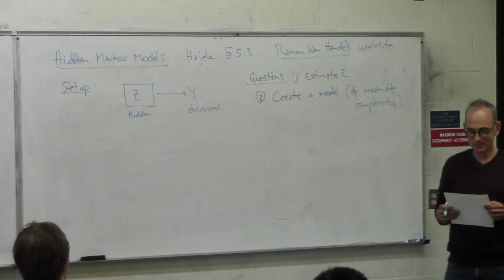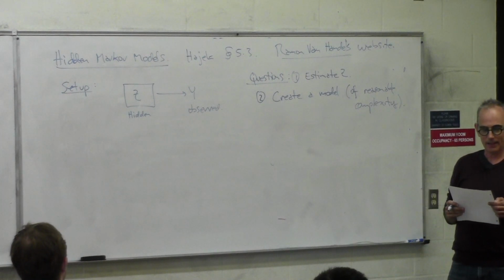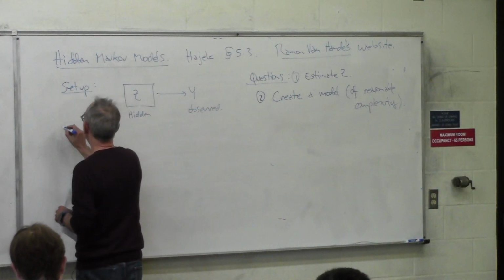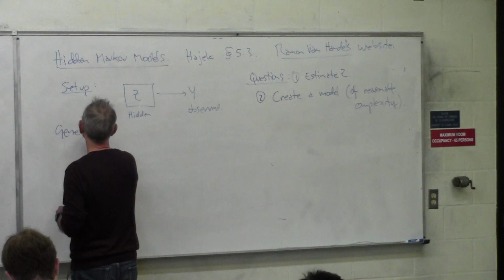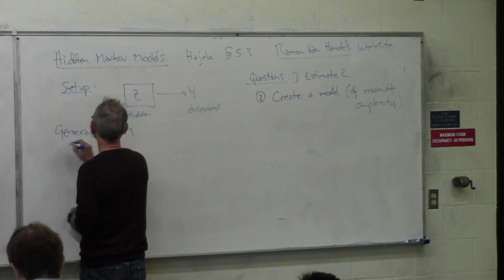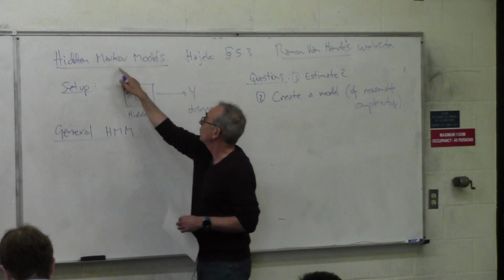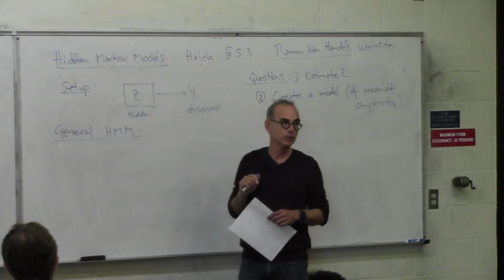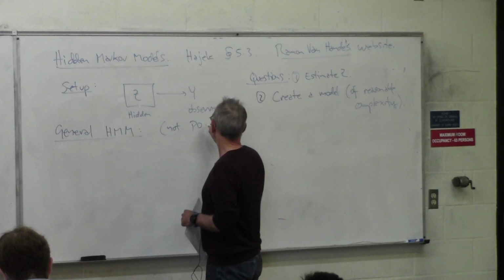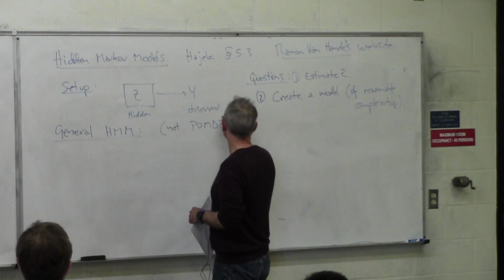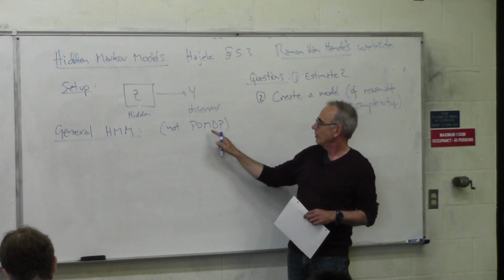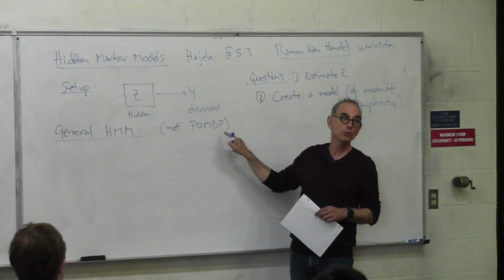All right, so here's the general model. Okay, so hidden Markov model, I'll write HMM. I will sometimes accidentally say POMDP, but that's a partially observed Markov decision process.